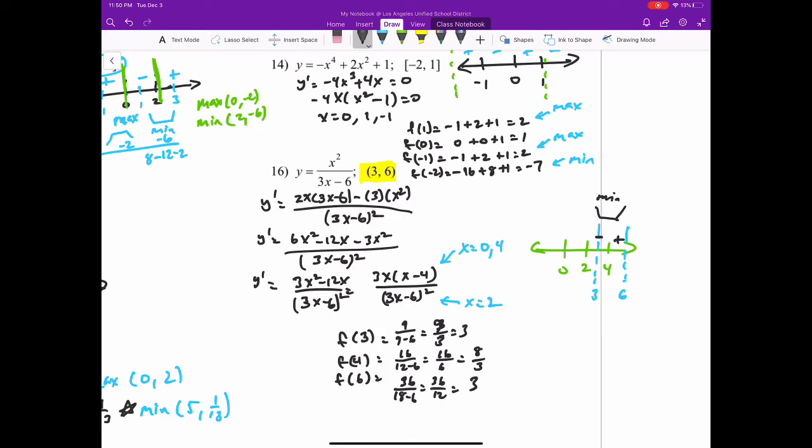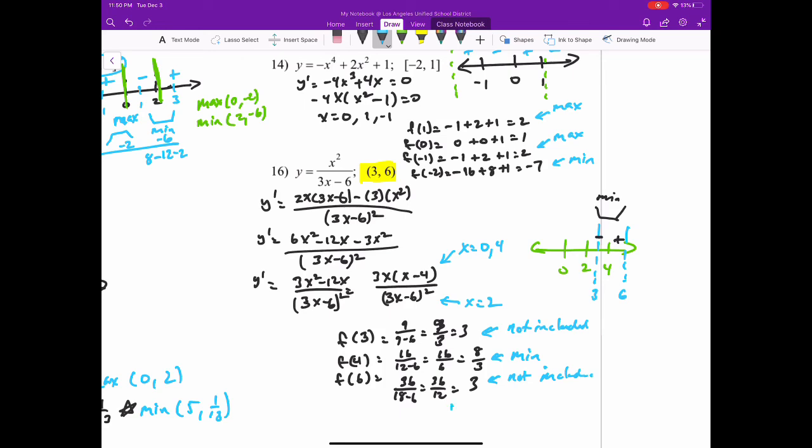So given these 3 points, we know we have a minimum here for sure. And it turns out, remember, these are not included. So we can't even say that these are maximums. So we actually only have one answer here.